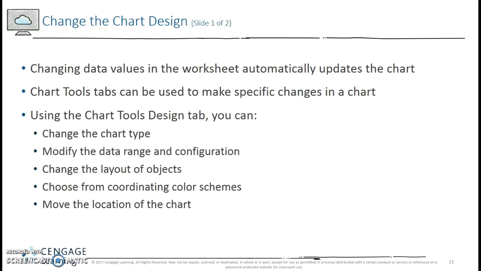You can modify the range and configuration of the chart. You can change the layout of the objects, choose different color schemes, and move the location of the chart. Those are the kinds of things you can do with the chart design. Again, when you change the data values, you do that in the worksheet and it automatically changes in the chart itself.